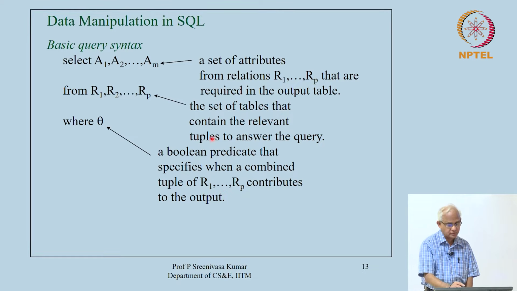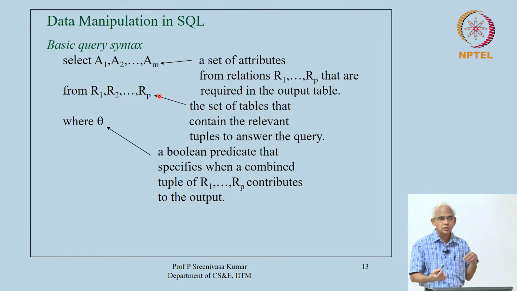Because of the assumption that no two relations have any common attribute name, a combined tuple is a tuple from R1 concatenated with a tuple from R2, concatenated with a tuple from R3, and so on.